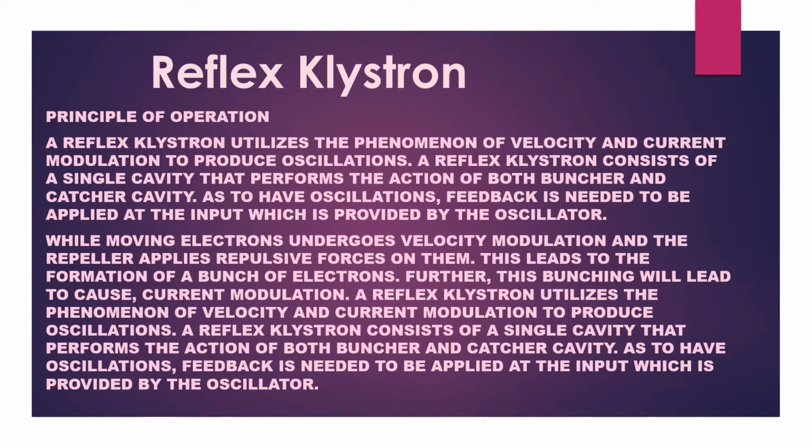So as to have oscillation, feedback needs to be applied at the input, which is provided by the oscillator. While moving, electrons undergo velocity modulation and the repeller applies a repulsive force on them, which leads to the formation of a bunch of electrons. How? We will try to understand in the next slides.